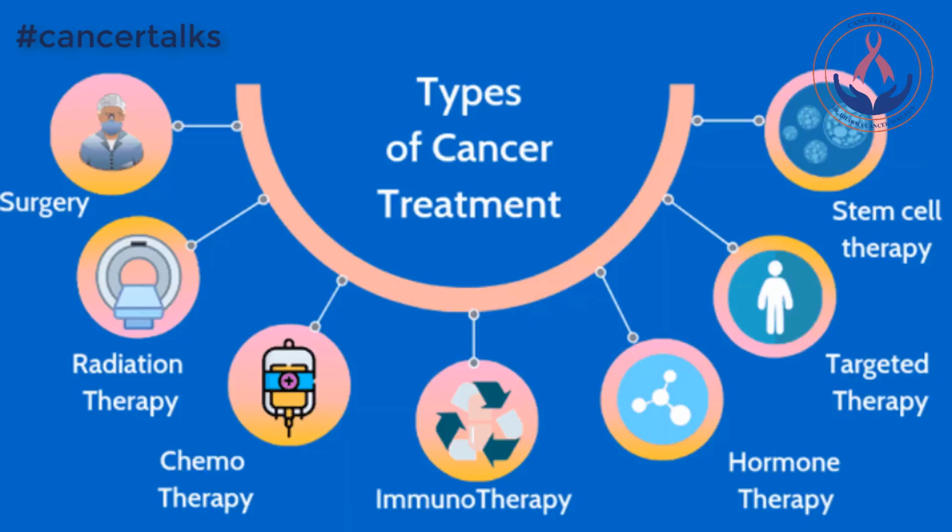We have the options of surgery, chemotherapy, radiotherapy, and the recent advancements like targeted therapy, immunotherapy, and even a bone marrow transplant for leukemia patients. So these are the different modalities of treatment we have, and based on the stage we plan them.